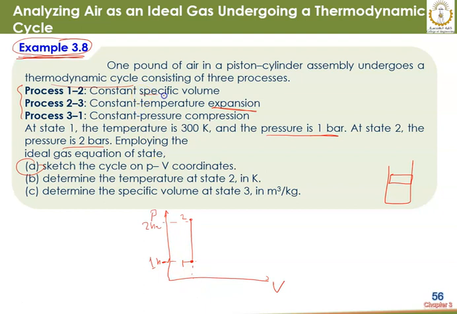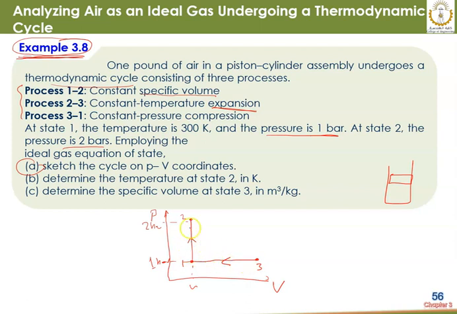Constant specific volume means also the volume is constant, because the mass is constant. Then 2 to 3 is constant temperature expansion, and then 3 to 1 is constant pressure. So 3 to 1 will be this constant pressure line.